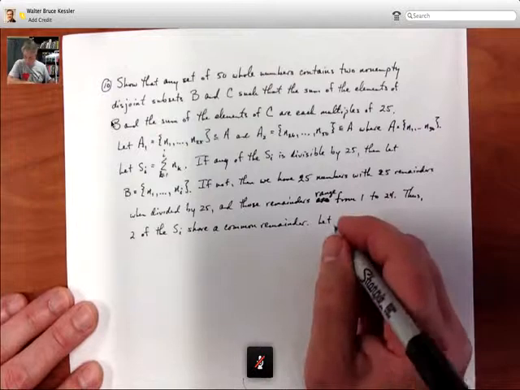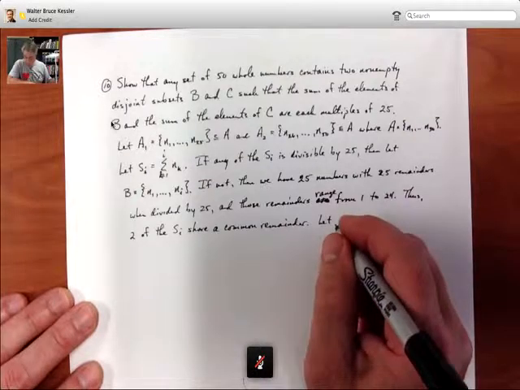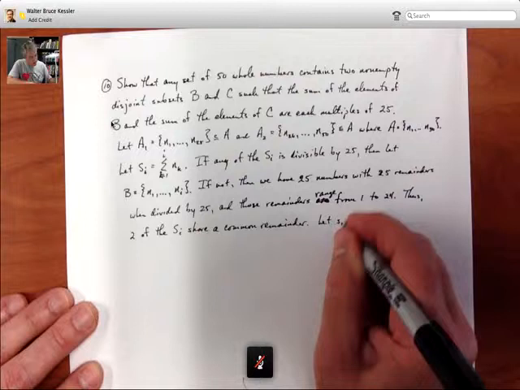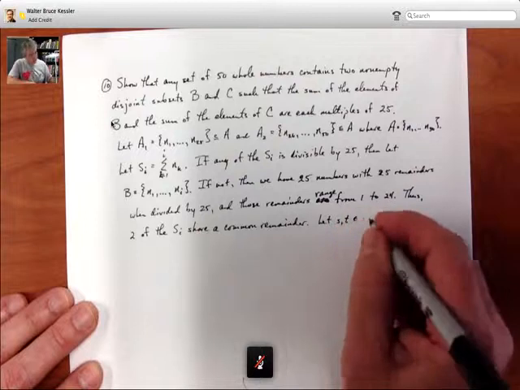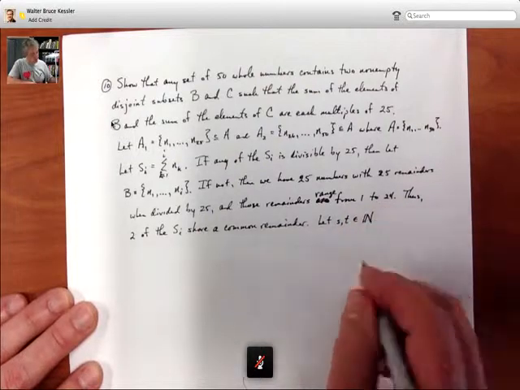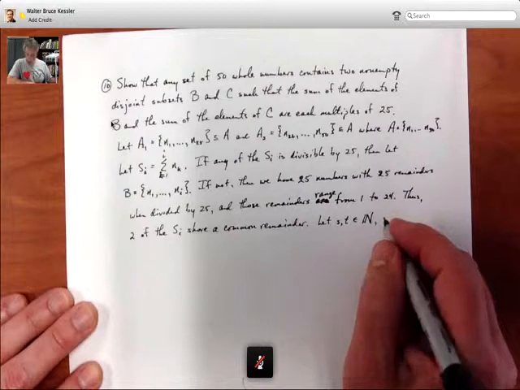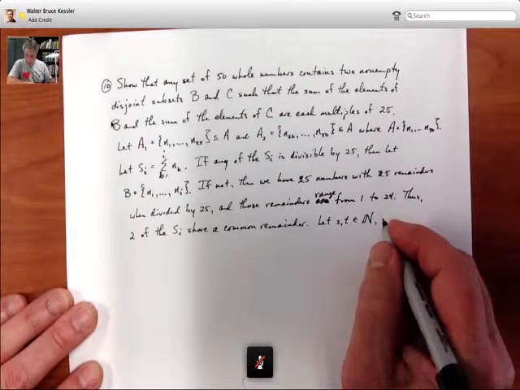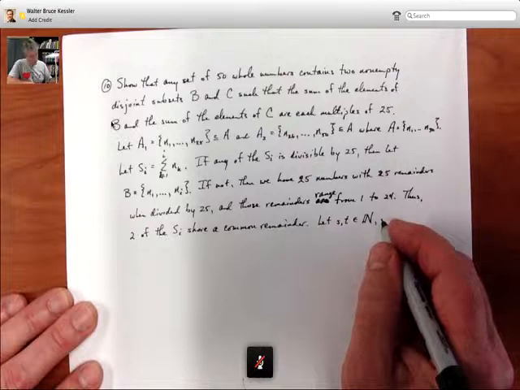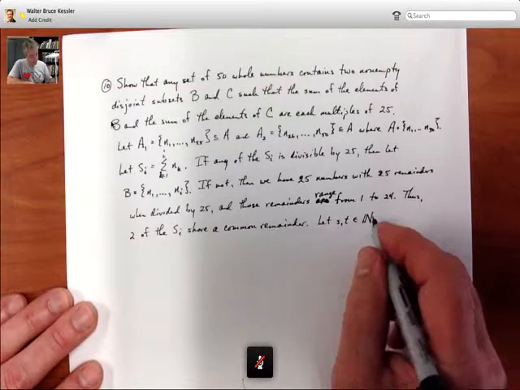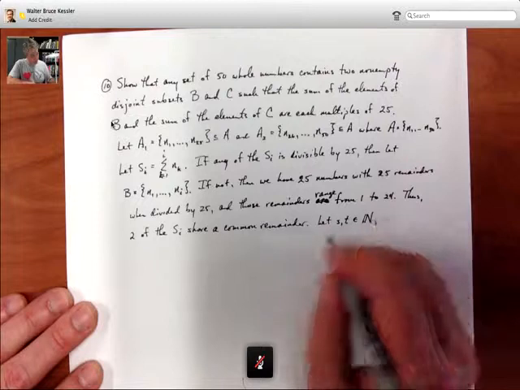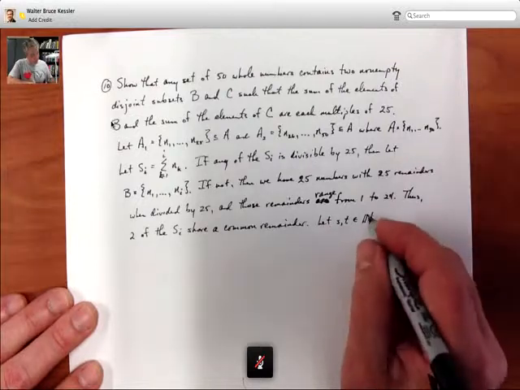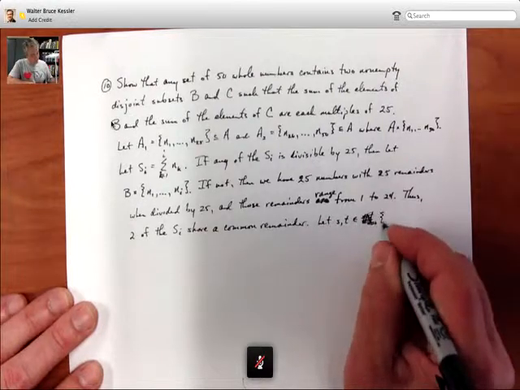So let's name them. I've already used K for something. How about s and t, where I need something from 1 through 25. Sorry.